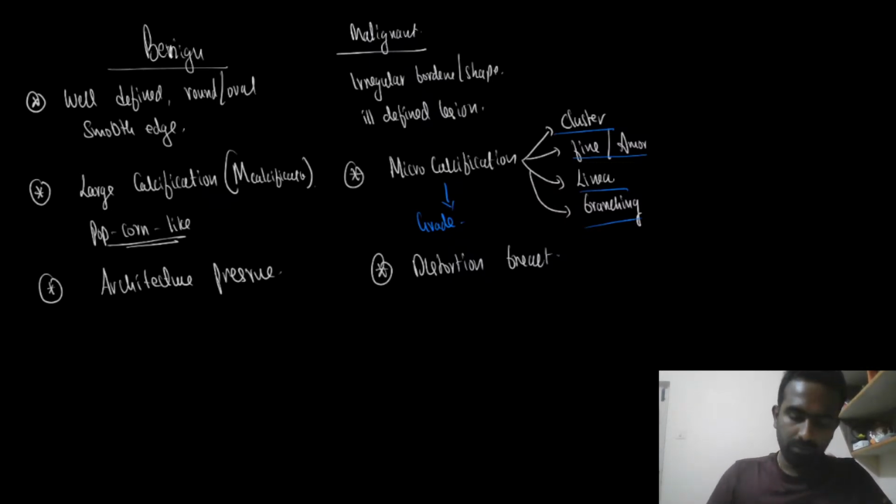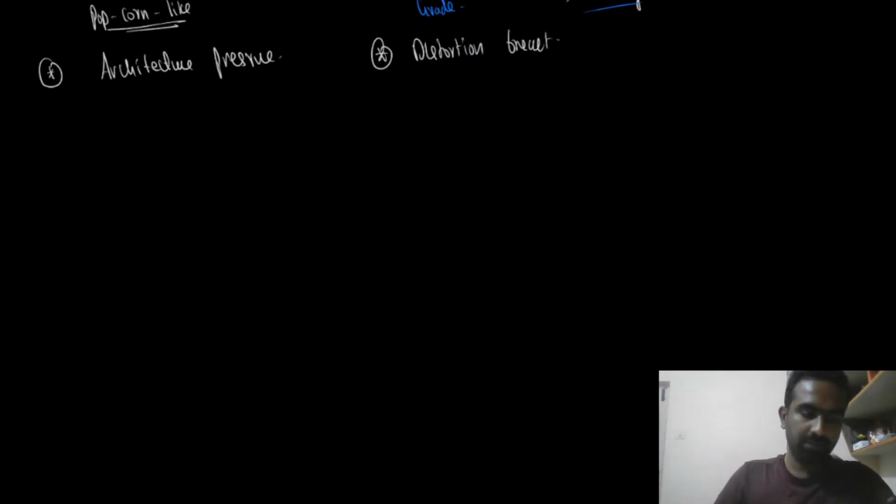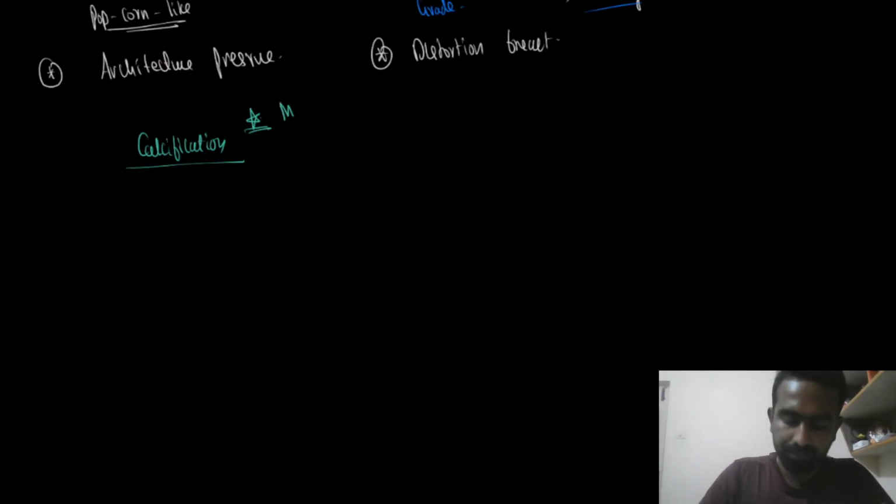so this is about benign and malignant findings of the breast in mammogram. Now we see the different calcifications we find in mammogram, the characteristic calcifications, which are very, very important in your MCQ questions.